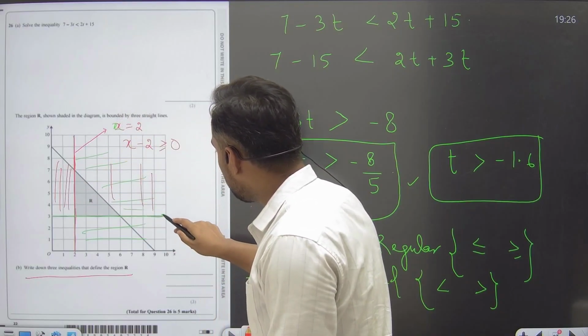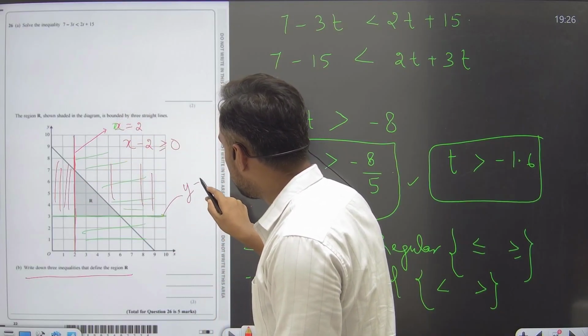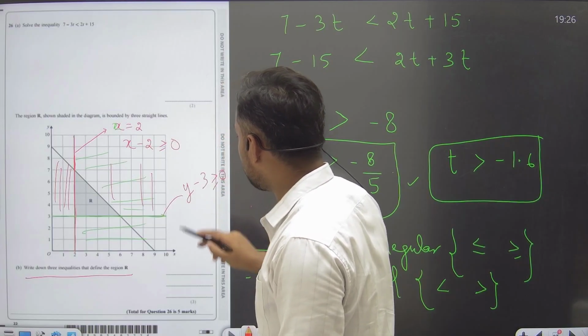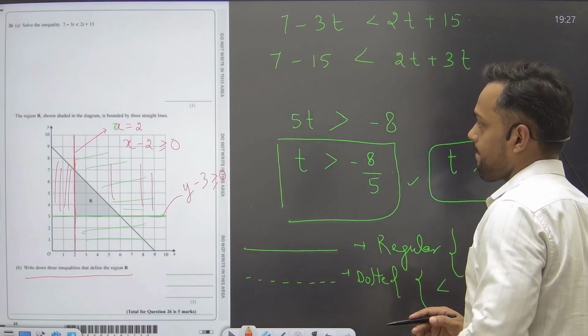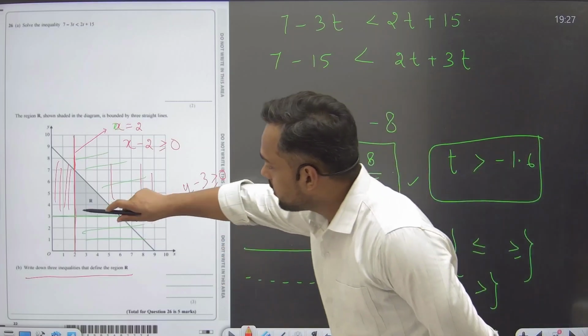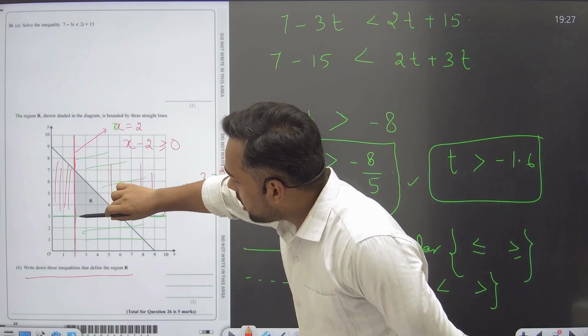So the inequality will be y minus 3 greater than or equal to 0, because the feasible region is above this line.